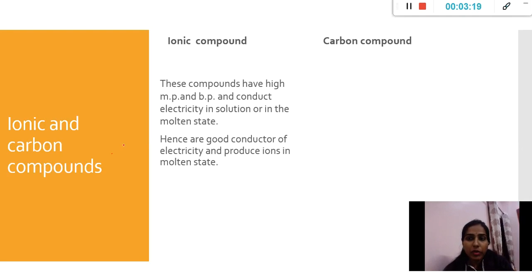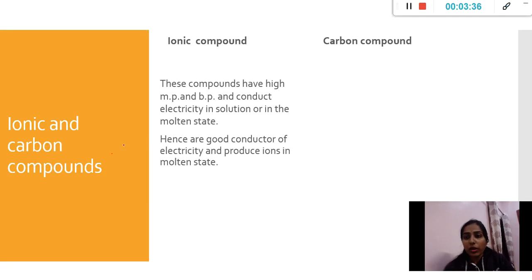What are ionic compounds and what are their properties? These compounds have high melting and boiling points and conduct electricity in solution or in the molten state. Hence, they are good conductors of electricity.